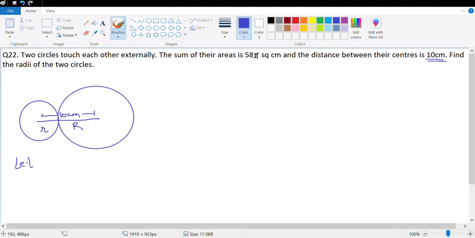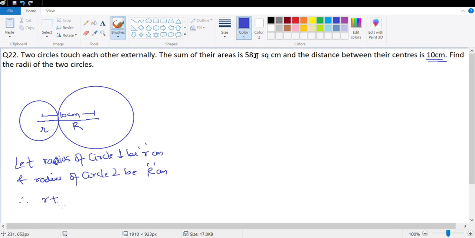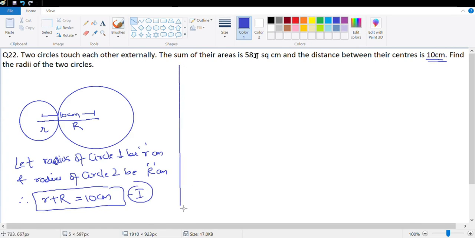Let radius of circle 1 be r centimeter and radius of circle 2 be capital R centimeter. So what is given is therefore small r plus capital R is equal to 10 centimeter. That's my first equation. Let's see how will this help us.